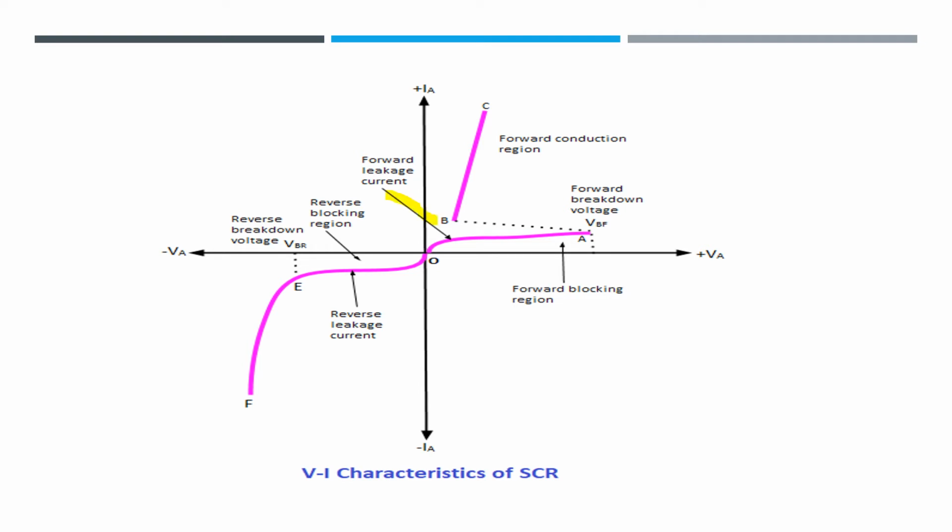And on this side we have the reverse leakage current, this is your reverse leakage region, and this is your reverse breakdown voltage. As you have seen, there is an instantaneous rise in the current.